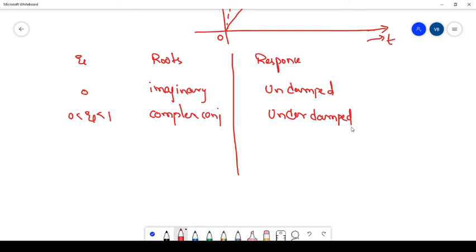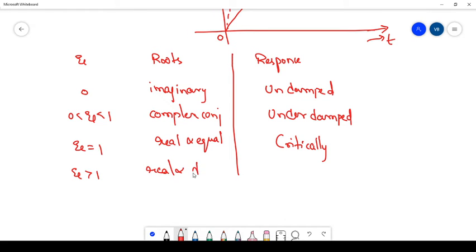Whenever zeta is equal to 1, the roots are real as well as equal, so that response is called a critically damped response. For zeta greater than 1, the roots are real but different. We don't get the same roots, we get different roots, so that response is called an overdamped system response.